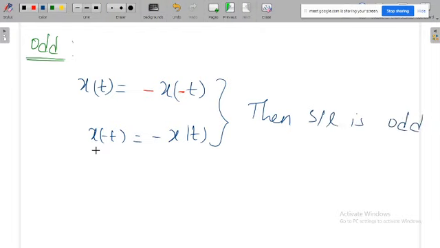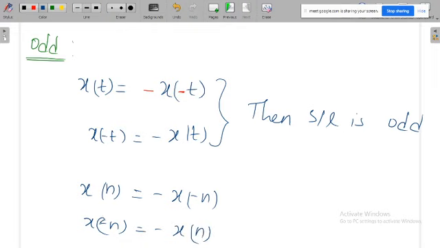Again in the case of discrete, we can write x of n is equal to minus x of minus n, or x of minus n is equal to minus x of n. If this is the case, then again the signal is said to be odd.